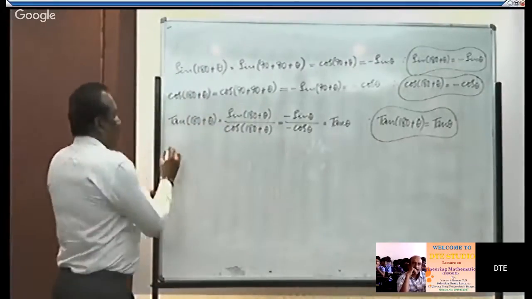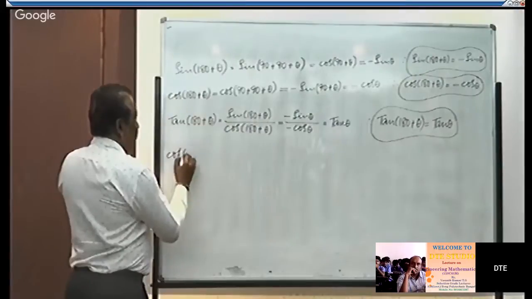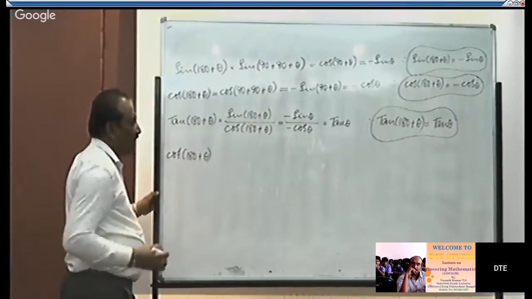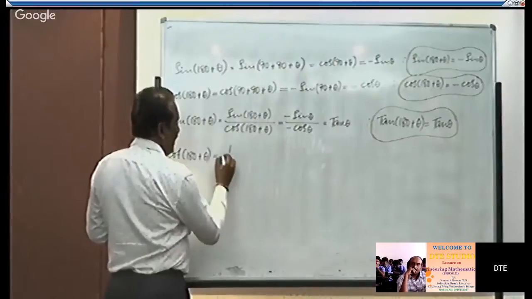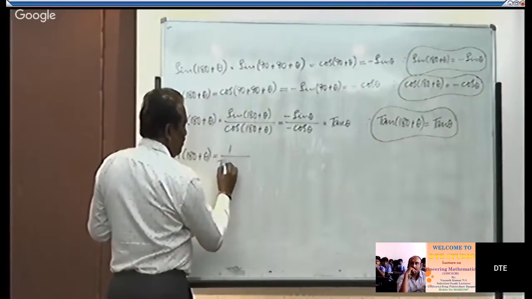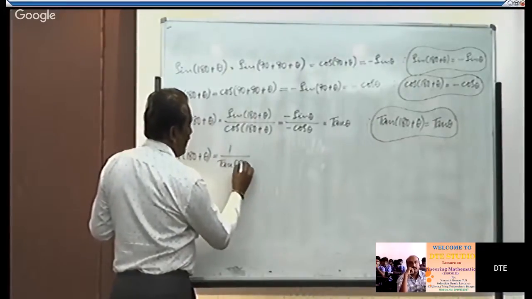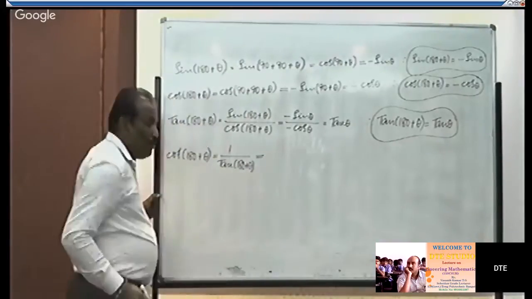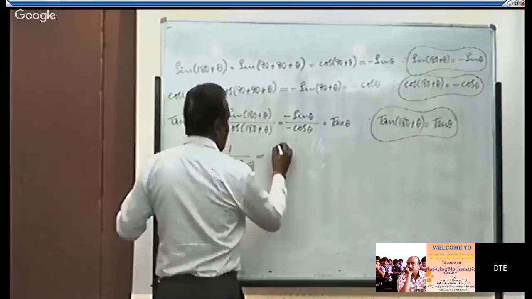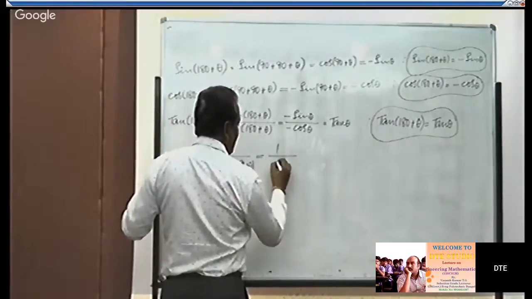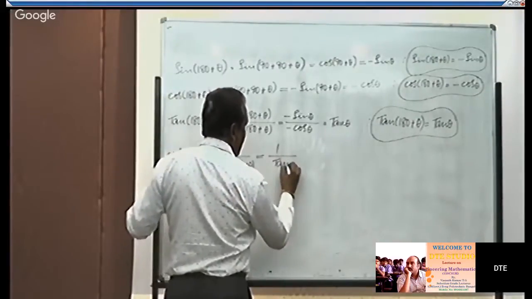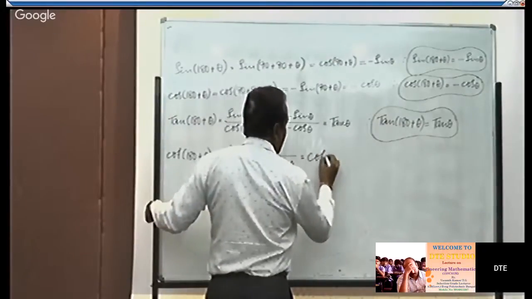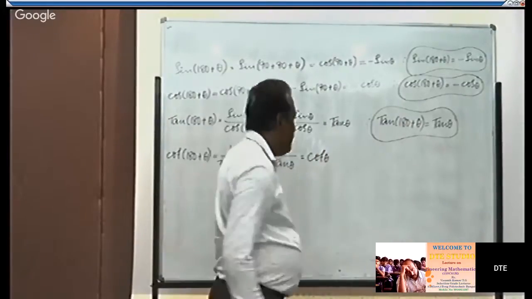Now, try to connect the same angle for cot. We know that cot is a reciprocal of tan. It is 1 by tan of 180 plus theta. We know that tan of 180 plus theta is tan theta. 1 by tan theta is nothing but cot theta.